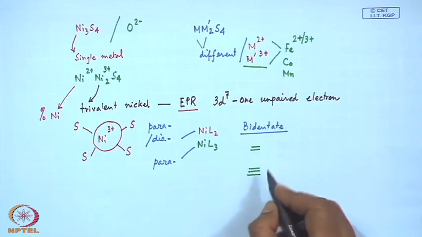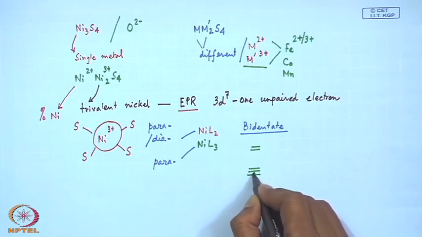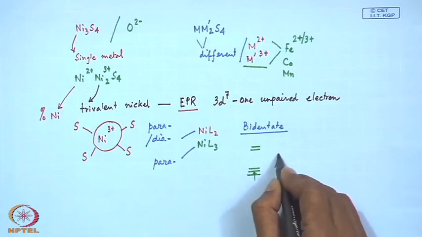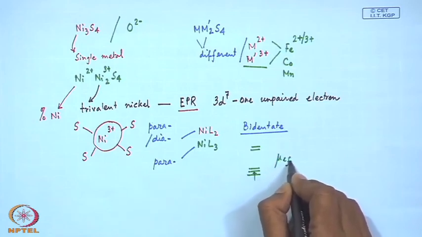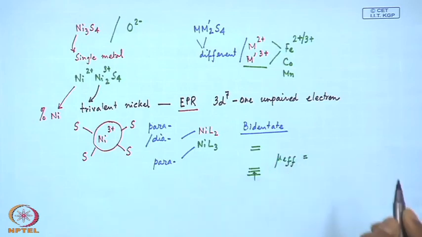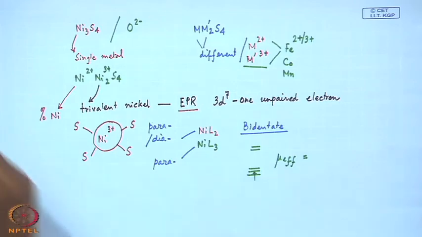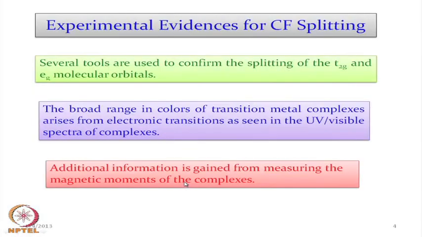And if we have several such unpaired electrons, then we can determine its corresponding magnetic moment as its mu effective values. So that gives rise to the information that the crystal field is operating on all these metal complexes.